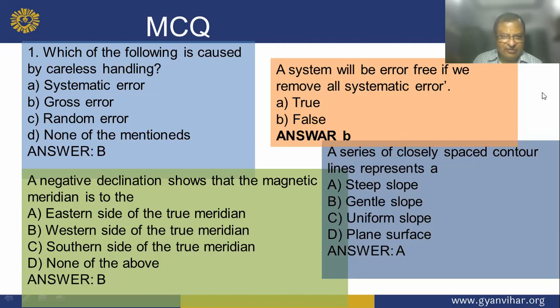The correct answer is, my dear boys, B, western side of the true meridian. And a series of closely spaced contour lines represent a, what is the correct answer? A, steep slope.